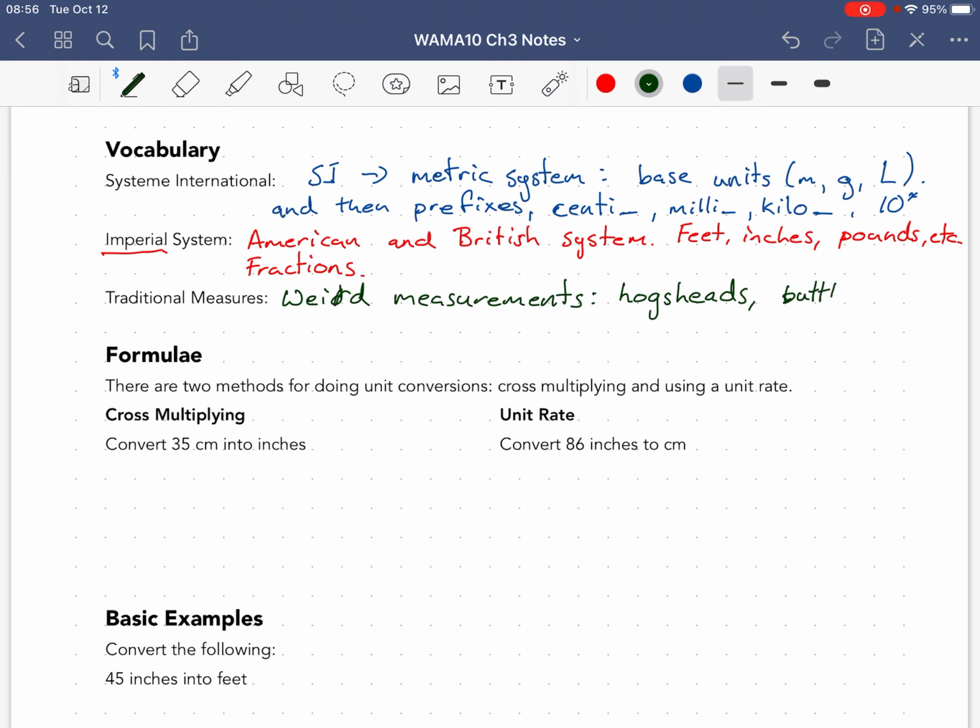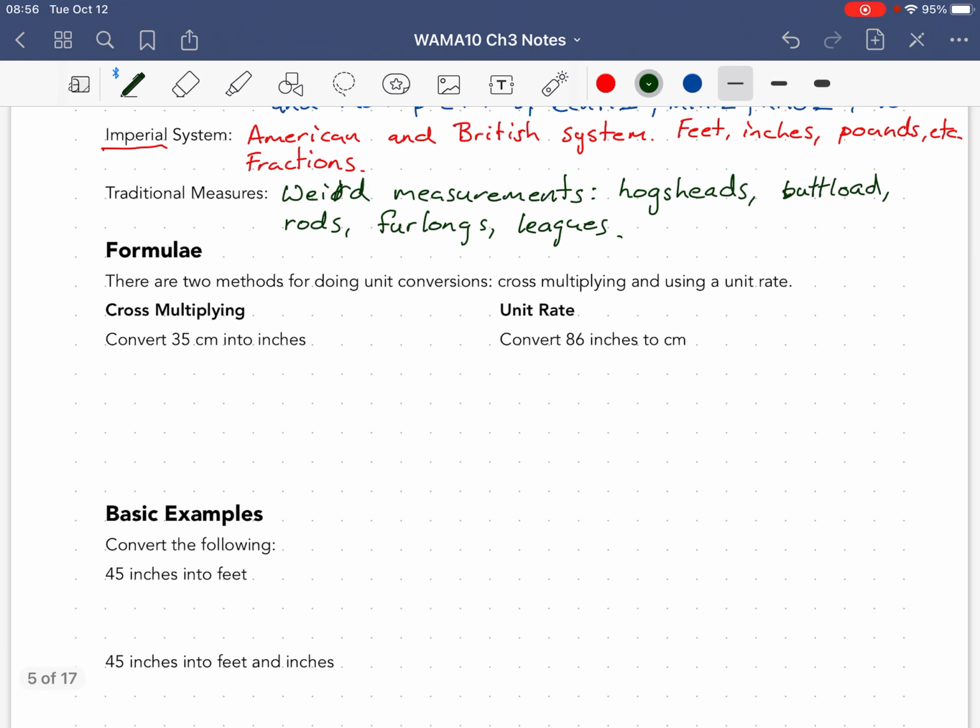I believe buttload is actually a proper measurement. It's a measurement of wine from history. Rods, furlongs, leagues. And these were just measurements in one culture, and they made up this measurement for some reason, and they used it.